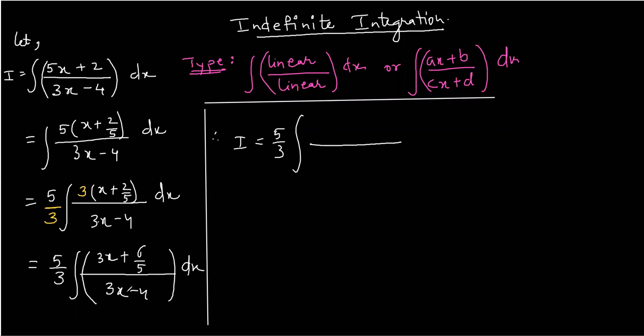Look at the denominator: it is 3x - 4. And in the numerator I have (3x + 6)/5. I will write 3x - 4 + 4. What I did: I subtracted 4, so I had to add 4. If you subtract 4, you add 4. You make a change, you make a counter change, or else it will be wrong. So plus 6 over 5, and here you have 3x - 4, dx.